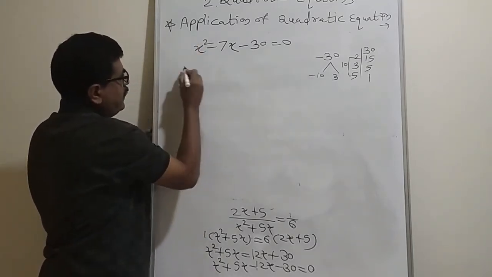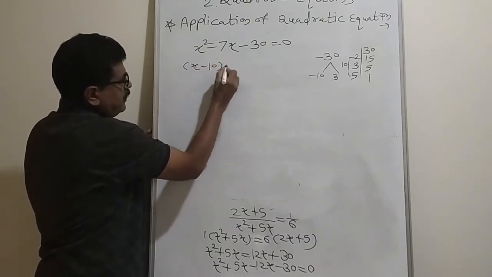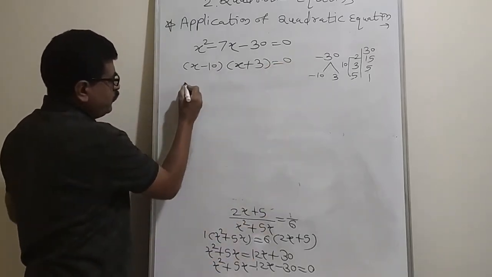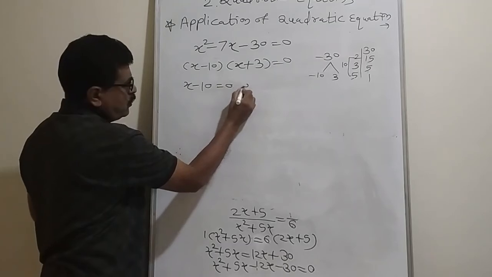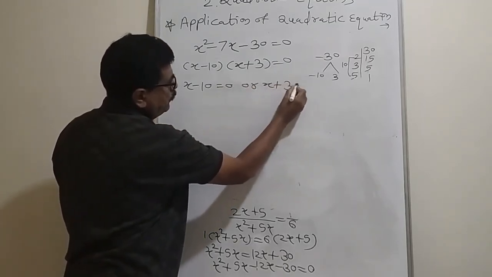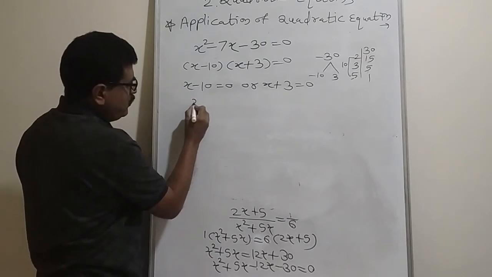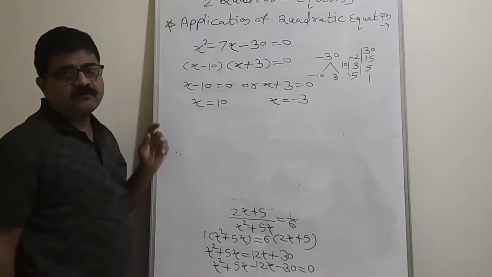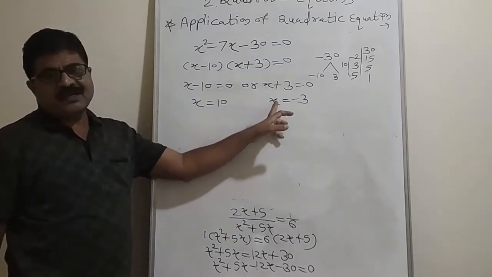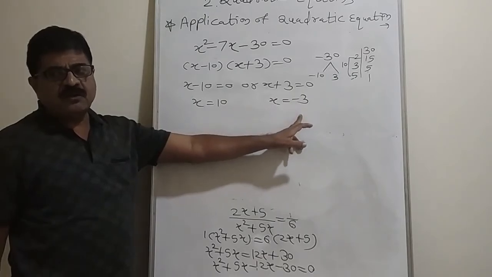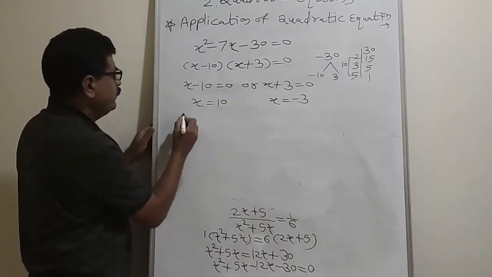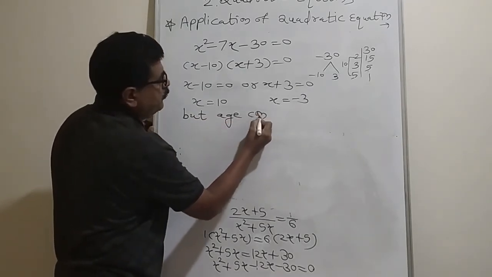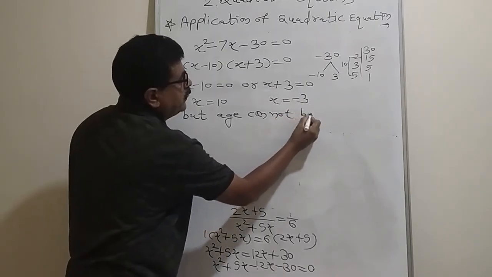Here the coefficient of x square is 1, therefore we can write directly x minus 10 into x plus 3 is equal to 0. Now, the first term is equal to 0 or the second term is equal to 0. Here, the value of x is plus 10. Here, x is equal to minus 3. Now, we consider x as the present age of Kishore, but age cannot be negative.